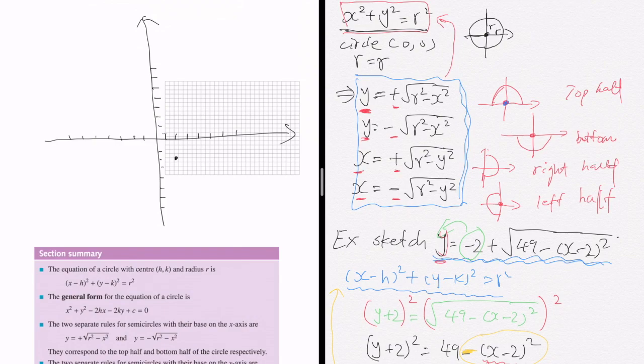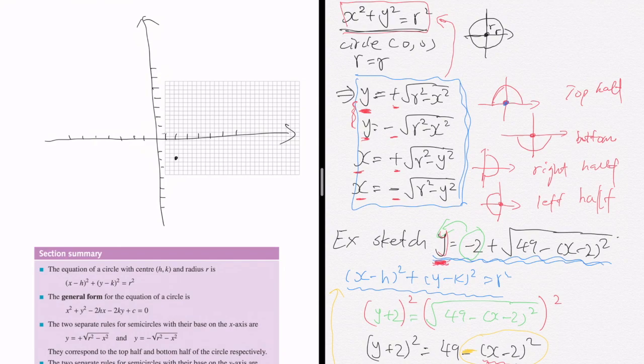This equation is in the subject of y, that means it's a top half or bottom half. So we're not talking about right and left half of the semicircle. We're talking about top and bottom, because the equation is the subject of y.